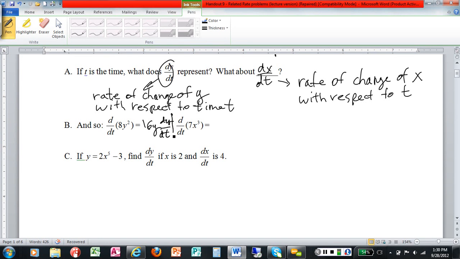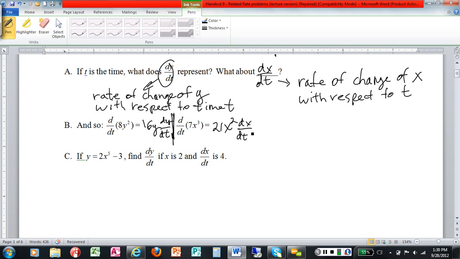All right, what about d/dt of 7x cubed? Before, with an x one, we just had to do 21x squared. Well, we're still going to do 21x squared, but what else do we need now? Since I'm doing the derivative with respect to t, don't I need a dx dt? Yes.